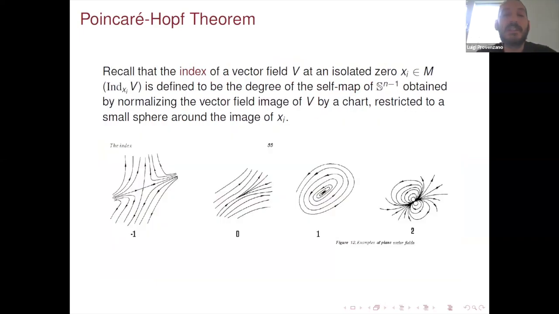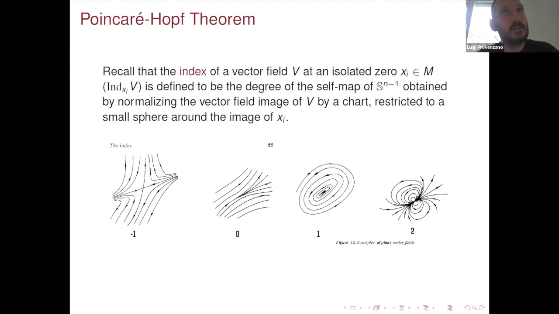I just put here this slide to recall very rapidly what is the index of a vector field at an isolated zero. You can think first of the case of vector fields on R^n, the Euclidean space. You have an isolated zero. You take a small sphere around this isolated zero. On this sphere, the vector field does not vanish.